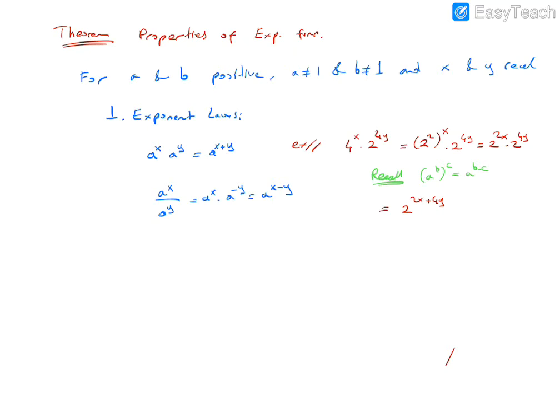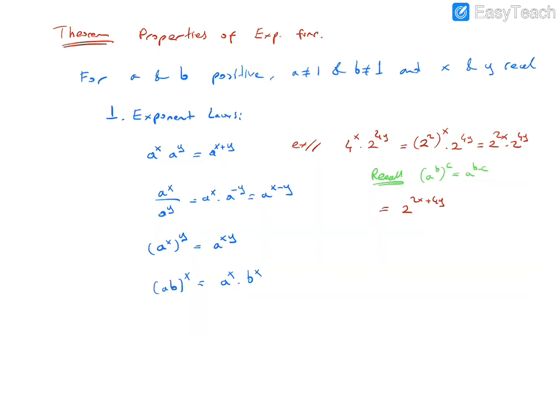Let's repeat: a to the power x to the power y equals a to the power x times y. And also we have another rule, a times b to the power x equals a to the power x times b to the power x. I think that you know all these rules from high school.